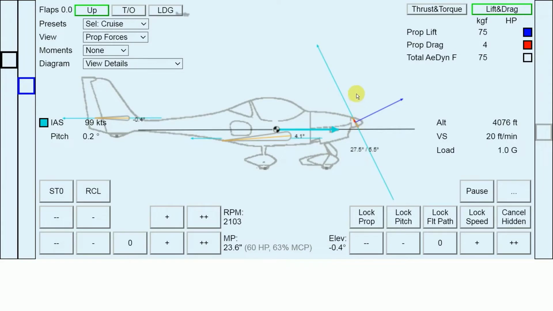Now, because the propeller rotates and moves through the air, it experiences an airflow. This airflow is drawn as a cyan arrow. And exactly like on the wing or the elevator, this airflow creates lift and drag.